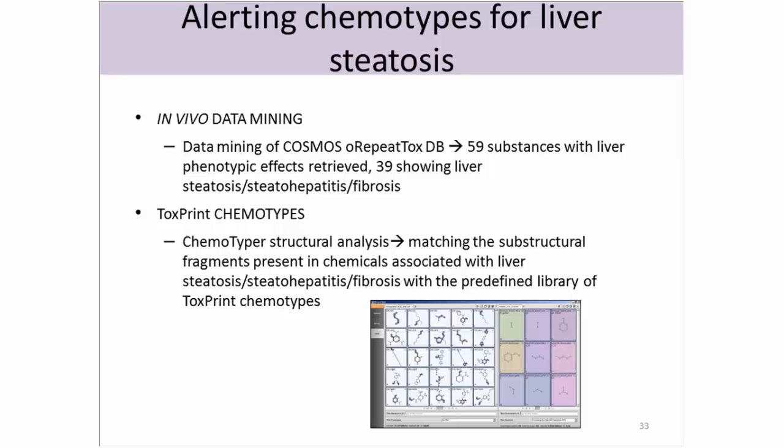We have done the molecular modeling on PPARγ, and substances with liver phenotypic effects were obtained from the repeated-dose ToxDB that is within the COSMOS database, and this afternoon you will see what the COSMOS database is. The ToxPrint chemotypes software was applied to find out which structural features are related to this type of effect, and these effects are also related to PPARγ interaction.